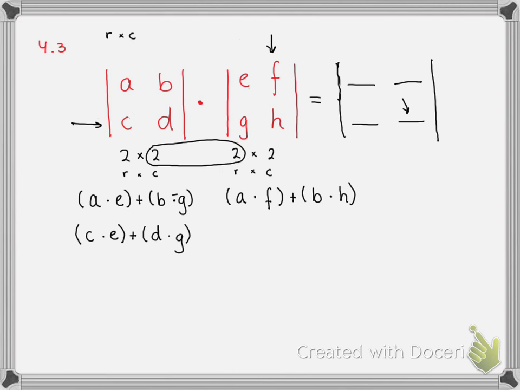So the first entry in the row times the first entry in the column, plus the second entry in that row times the second entry in that column. And that is the pattern that you'll follow in order to perform multiplication of matrices.